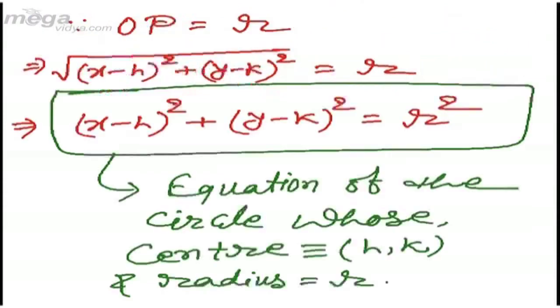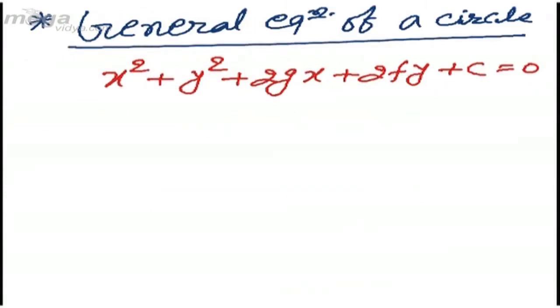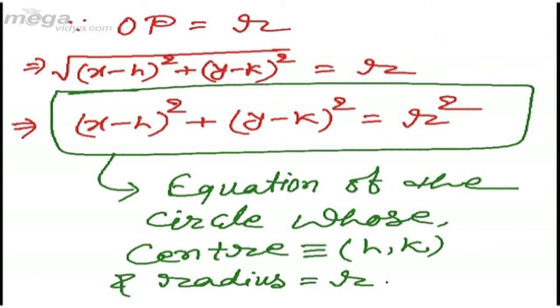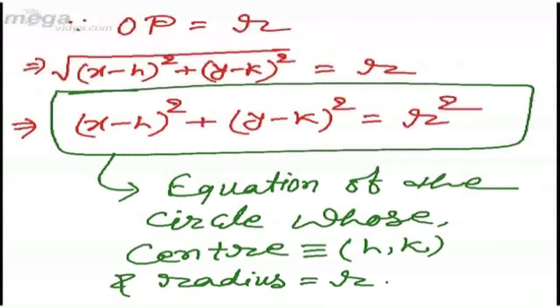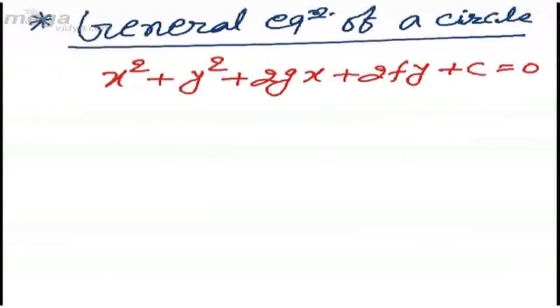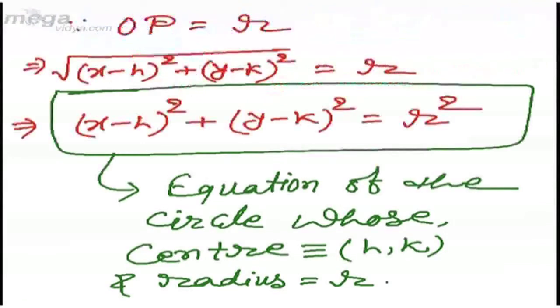Again, after expansion, here we get x square, here you will get y square. Here you will get minus 2hx. Instead of minus h, if we take plus g, and similarly in place of minus 2ky, if minus k is replaced by f, it becomes plus 2fy, and h square plus k square minus r square.